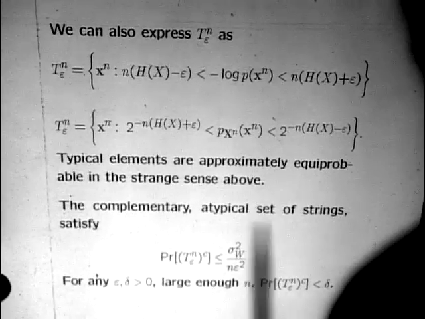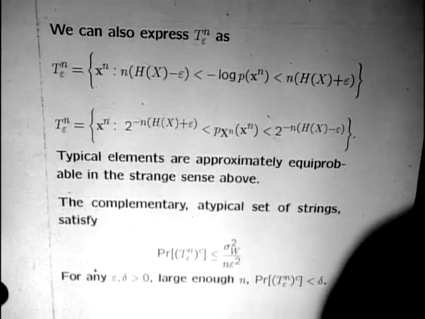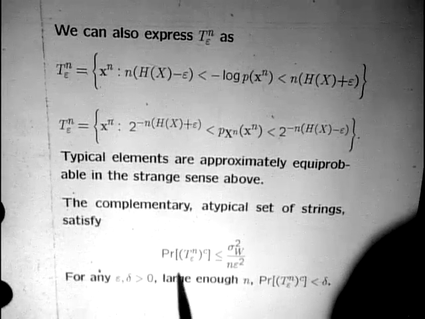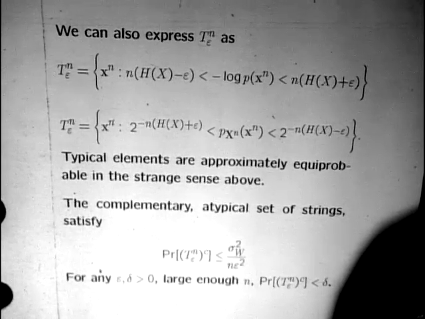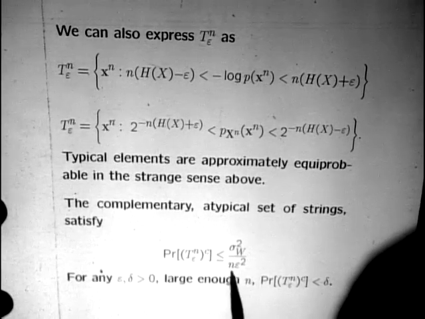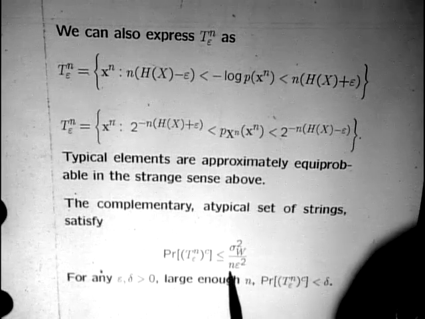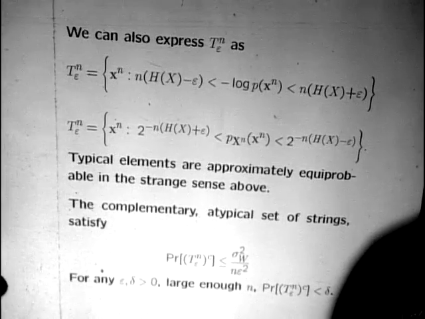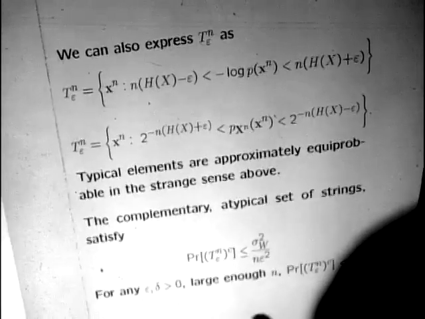The atypical set of strings, namely the complement of this set, doesn't have much probability. If you fix epsilon and let n get bigger and bigger, this atypical set becomes totally negligible, and you can ignore it.